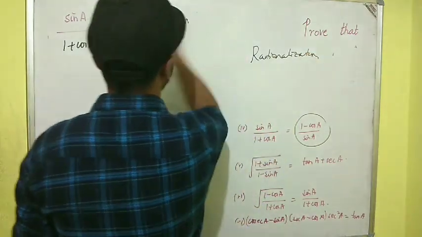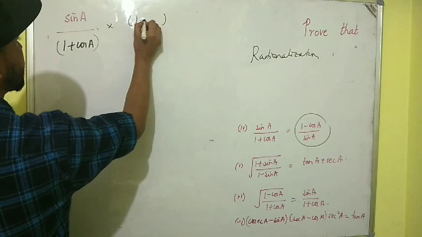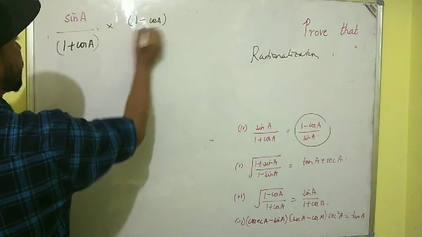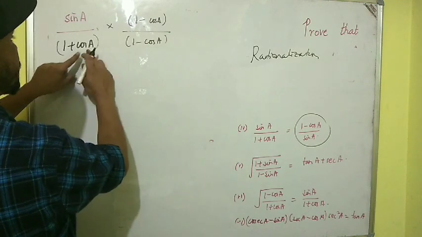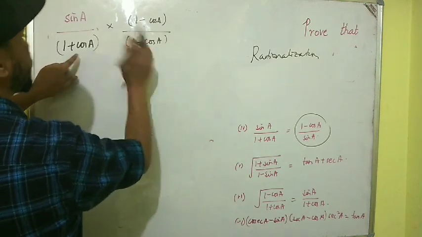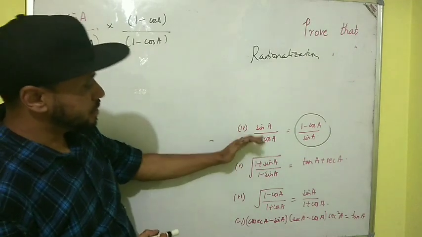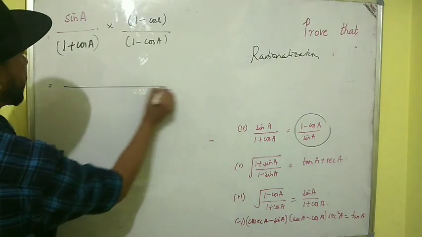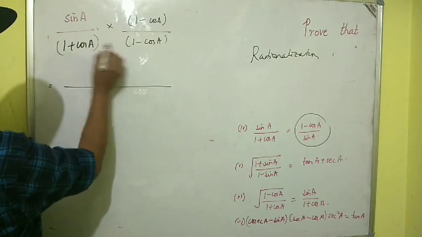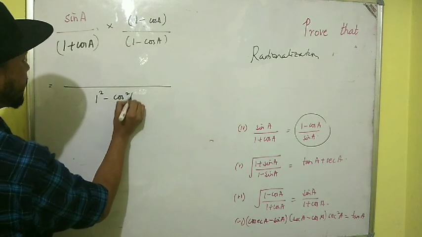In rationalization, we multiply both numerator and denominator with the same value but different in sign: 1, 1, cos. So in questions like this, we need to rationalize.